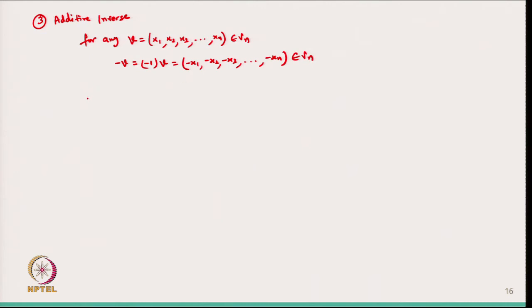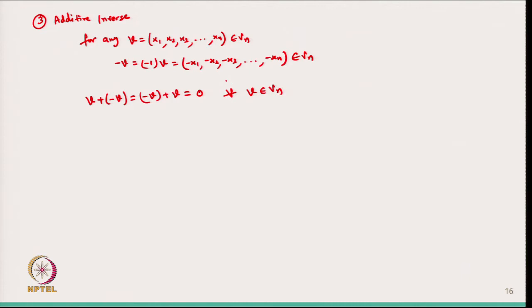So, from here I can say that minus v plus v can be written as 0, where 0 is the additive identity. This is true for all v belonging to V n.